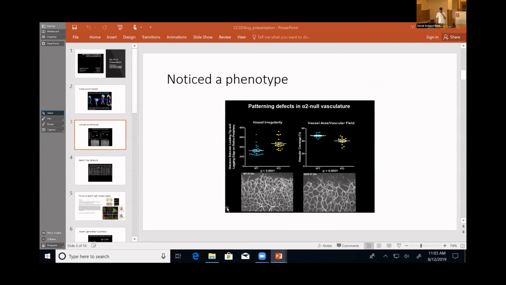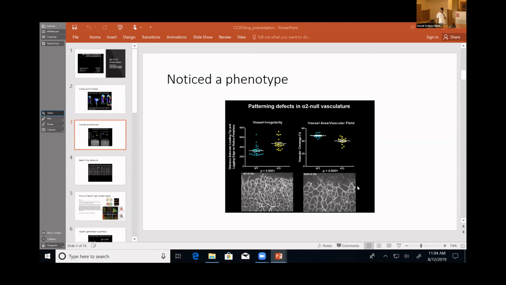Part of my dissertation research was on trying to understand this phenotype. Can you see the mouse? Yeah, so this is the wild type retinal vasculature. And on the right, you have the retinal vasculature of the knockout mouse. And so you have greater lacuna between the vessels, and you have a high degree of vascular irregularity in terms of the level of angiogenesis.